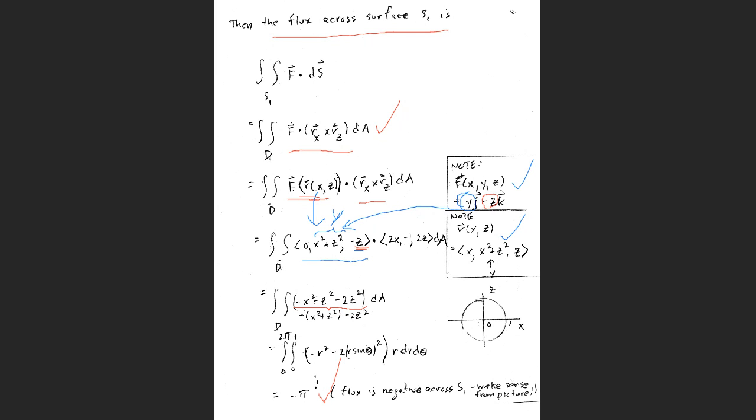Okay, all right. So flux is negative across that paraboloid surface, and that makes sense. Now the question is, why does it make sense?